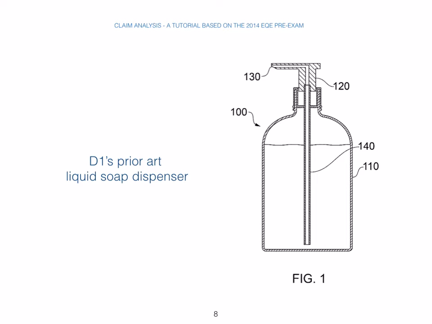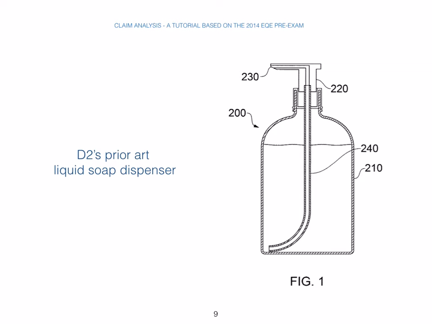We can see that 100 is a liquid soap dispenser, 110 is a bottle, 120 is a hand pump with its dispensing nozzle 130, 140 is a tube that goes down the middle of the bottle but does not contact the base of the bottle, which confirms what the client said in paragraph 2. And remember, the client's drawback in paragraph 3 was that this D1 liquid soap dispenser leaves too much liquid soap in the bottle.